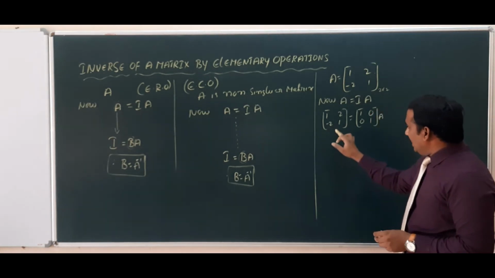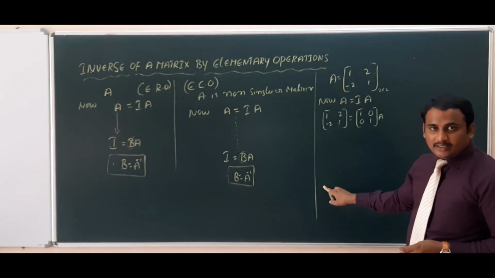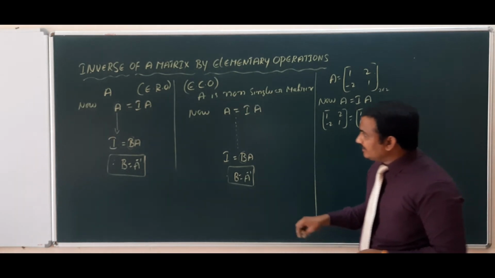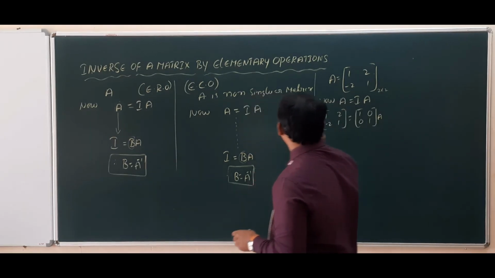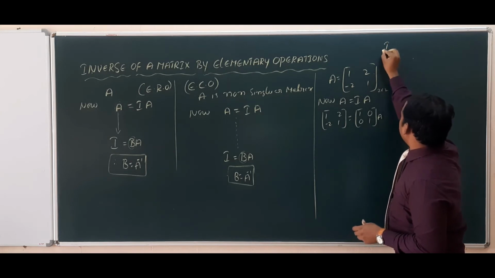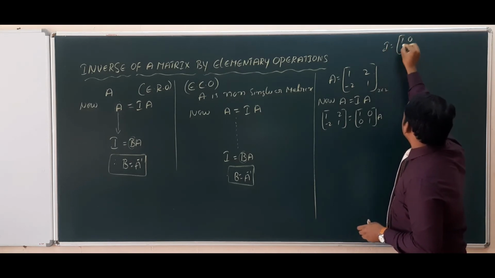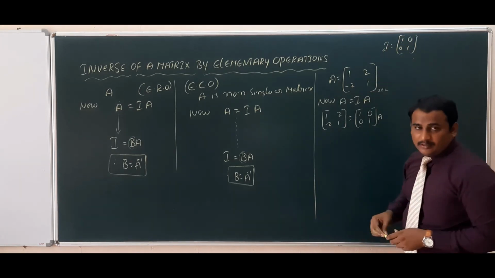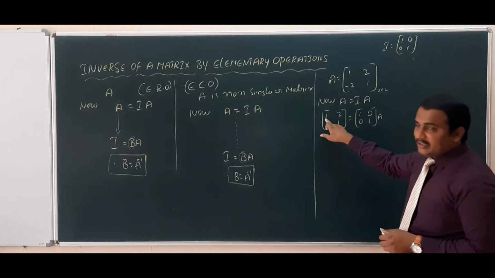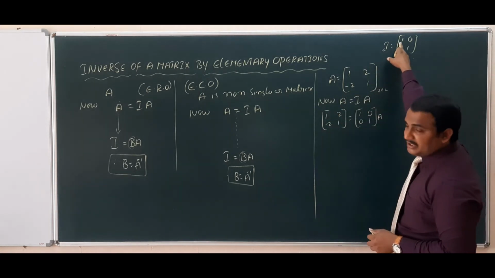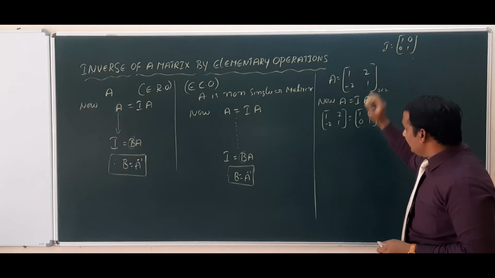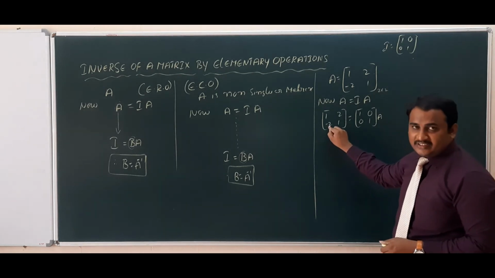Now the left side should become the identity matrix, which is [1 0; 0 1]. On the left side you can see A11 is already 1, and here also A11 is 1, so no need of changing anything. On the right side you can see minus 2 is there.